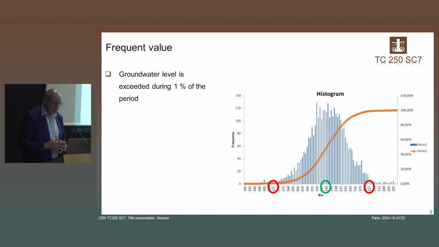But you need, as said, a great amount of data. Well, for the frequent value, it's a bit different. It is exceeded during 1% of the period. So then you should make a kind of histogram and a curve like this, and you look at a 1% value of occurring.